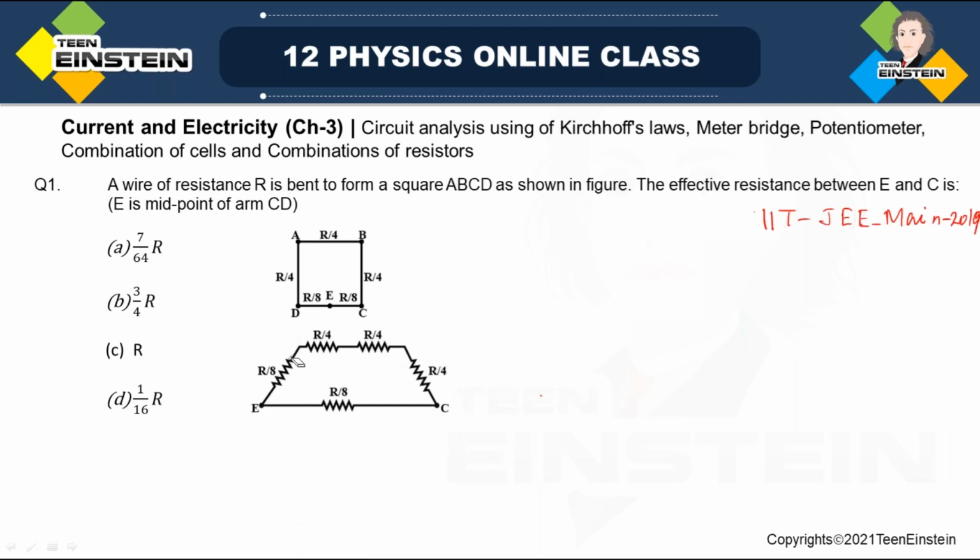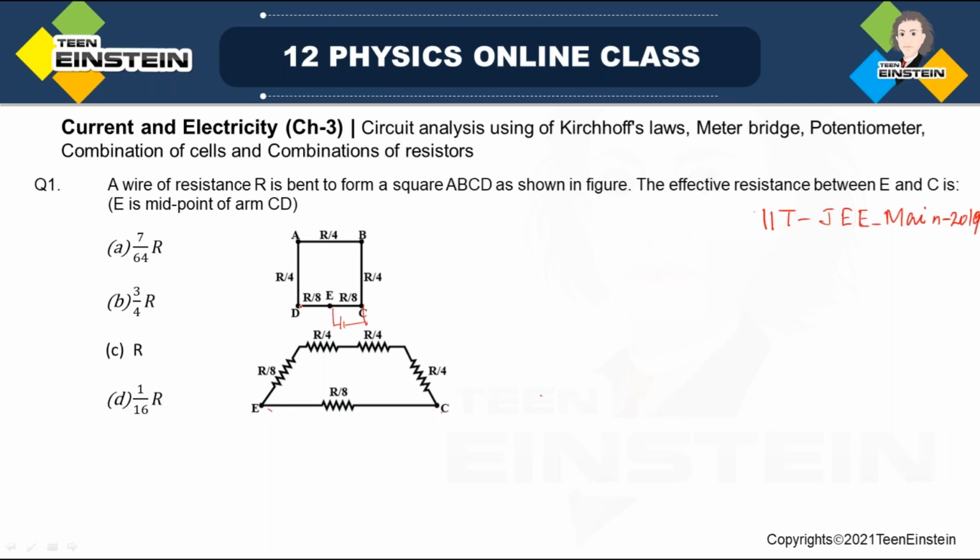Okay, see these 2 points E and C are here. So as I was showing you there, this is E and this is C.